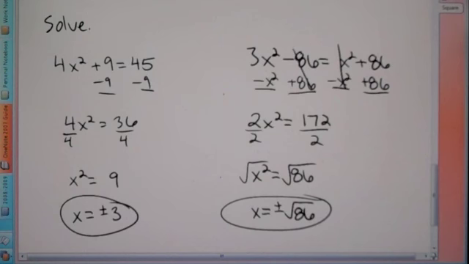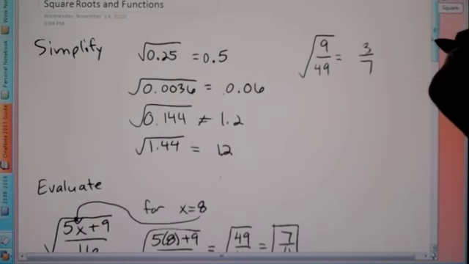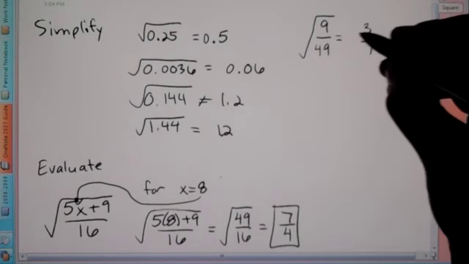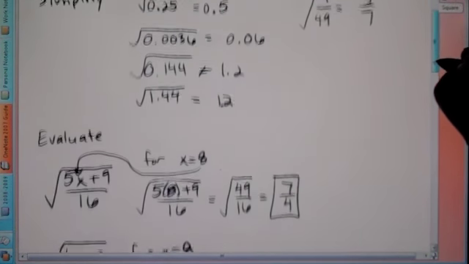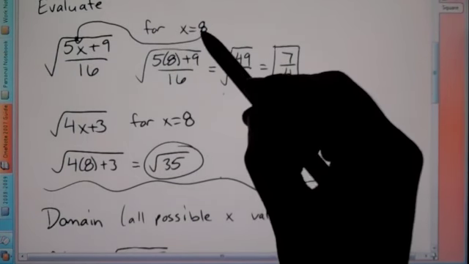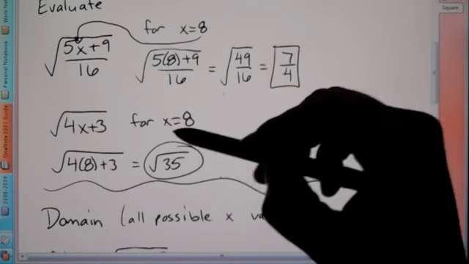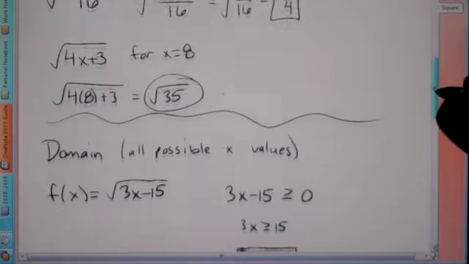All right. So this is how we deal with square roots and functions. Okay, so again, decimals and fractions, this is how we do these. You can go over these videos as many times as you need. Evaluate, that means plug in for x and then break it down from there. Plug in, break it down.